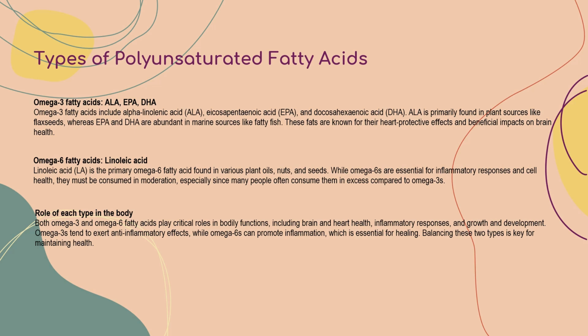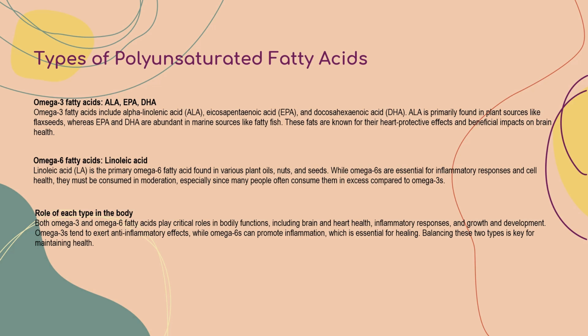Now let's look into the types of polyunsaturated fatty acids. There are two major types of polyunsaturated fatty acids. They are omega-3 fatty acids and omega-6 fatty acids. Omega-3 fatty acids include alpha-linolenic acid, that is ALA, and eicosapentaenoic acid, that is EPA, and docosahexaenoic acid, that is DHA.